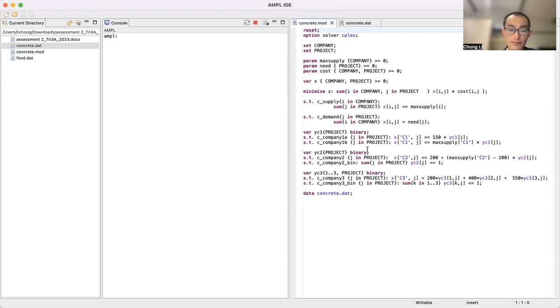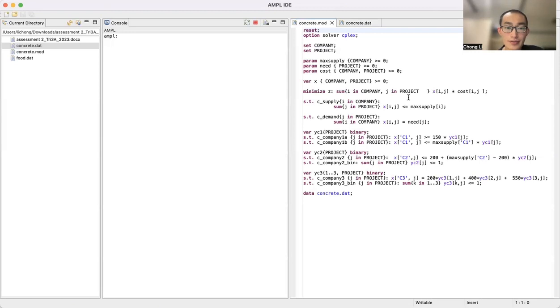As you can see, the quantity of concrete that company i supplies to project j times the unit cost, and we sum it up for every company and for every project, equal to the total cost in the supplying problem.